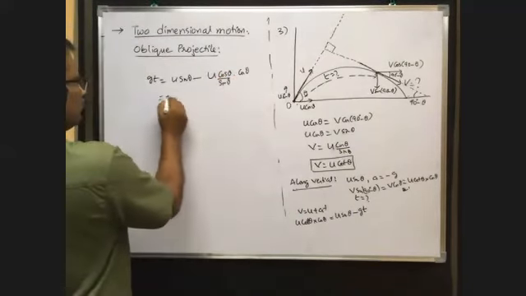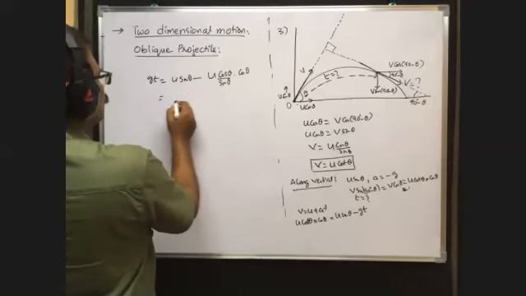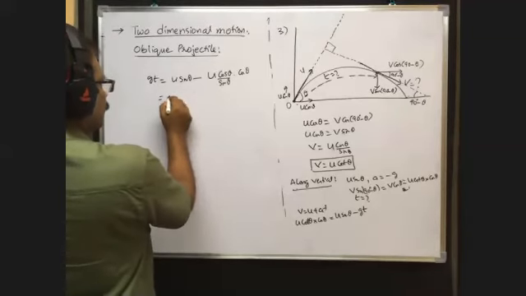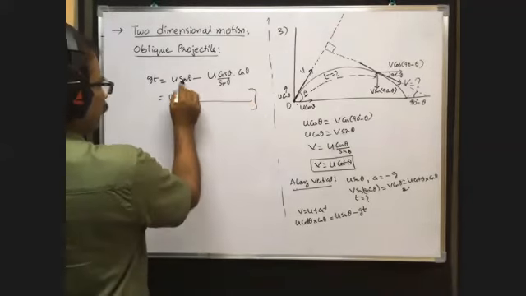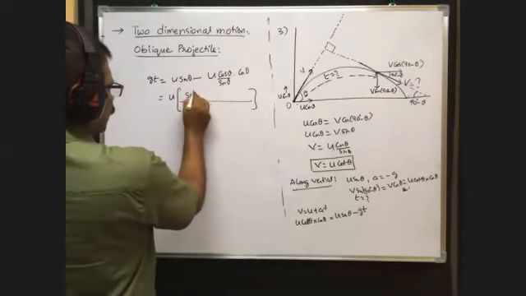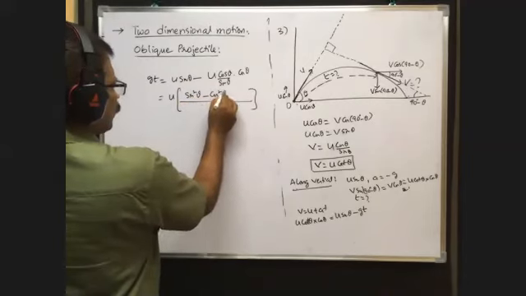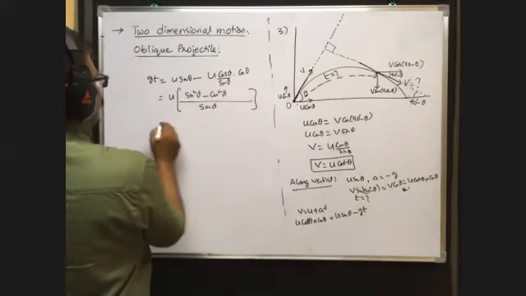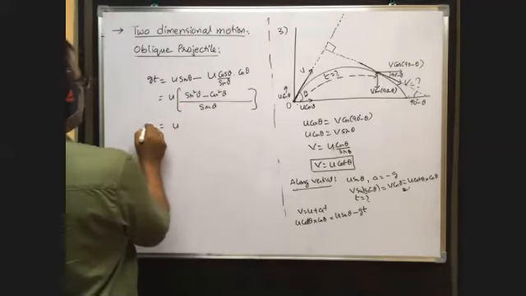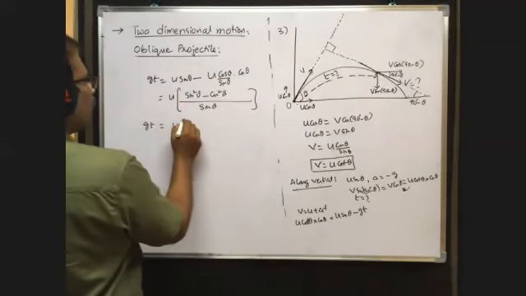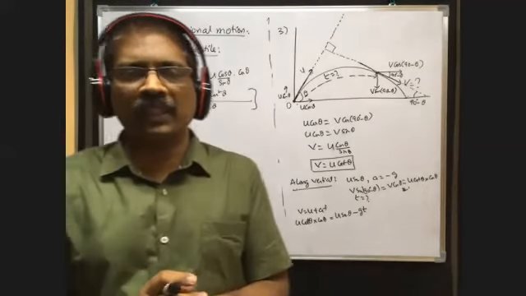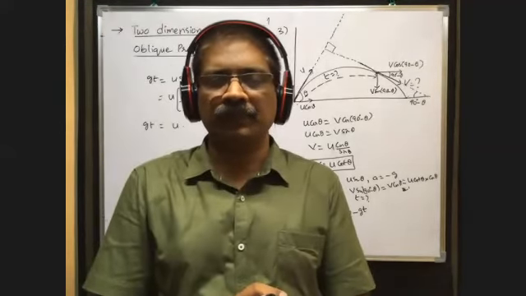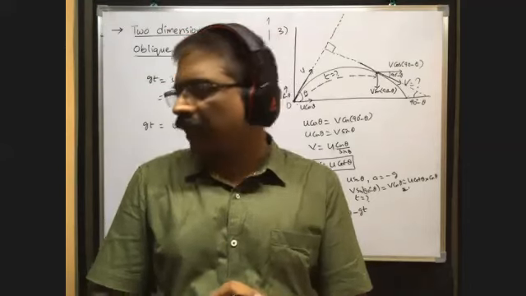You take u common and take LCM, then sin theta into sin theta, sine square theta minus cos square theta by sin theta. That is equal to u into sine square theta minus cos square theta.